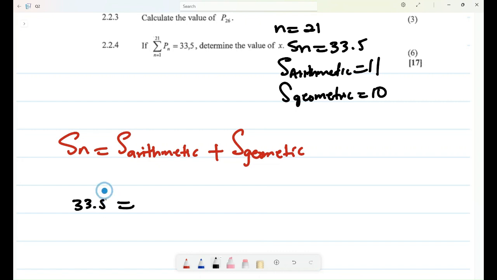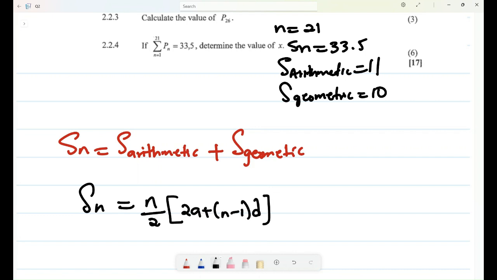Actually, let me do this before I substitute. Sigma of arithmetic, I know it is going to be n divided by 2 times 2a plus n minus 1 times the difference, plus sigma of geometric. Remember, I said sigma and sum are the same.